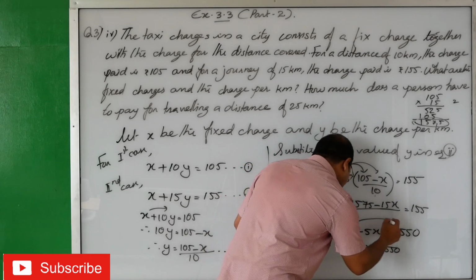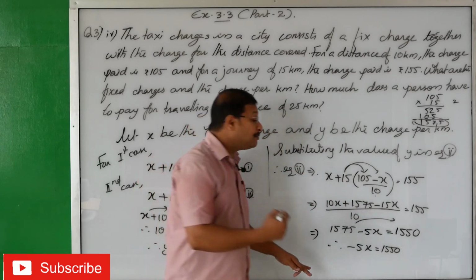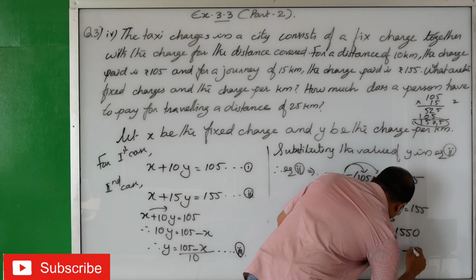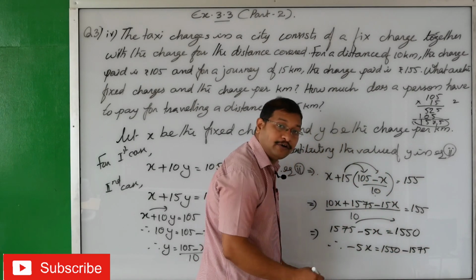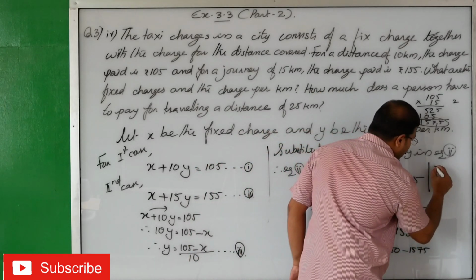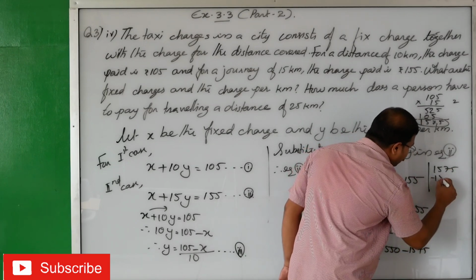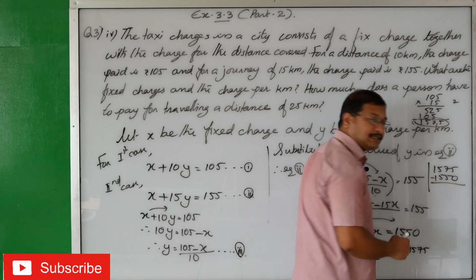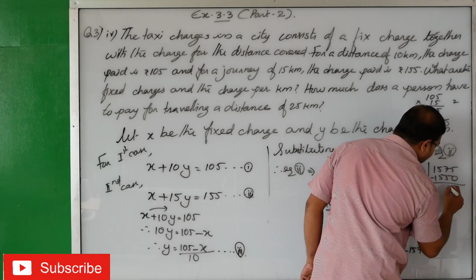So, when you carry 1575 to the next side, this plus goes to the next side, minus 1575. Plus and minus, what will you do? Minus. That means then 1575 minus 1550. We'll subtract it. 5 minus 0, 5. 7 minus 5, 2.